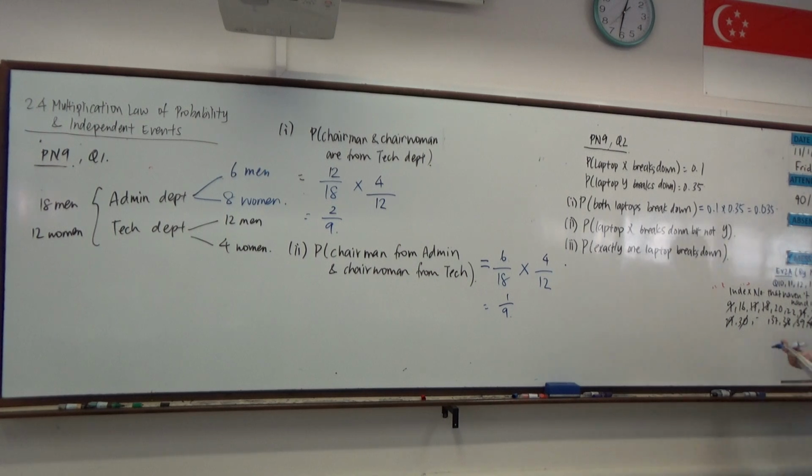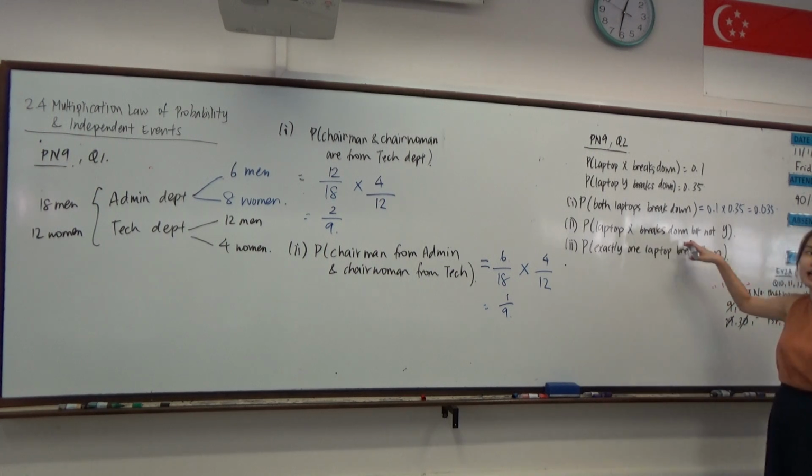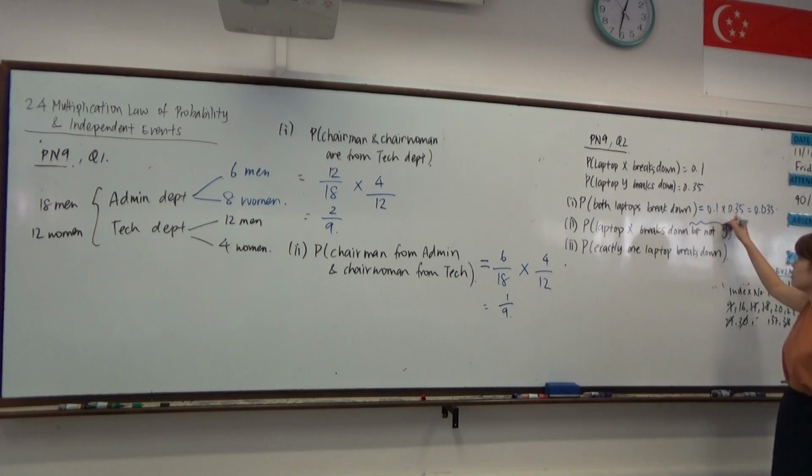Then after that, part 2, the probability that laptop X breaks down but not laptop Y. So that will actually be interpreted as laptop X breaks down and laptop Y does not. So we phrase this as and Y does not.